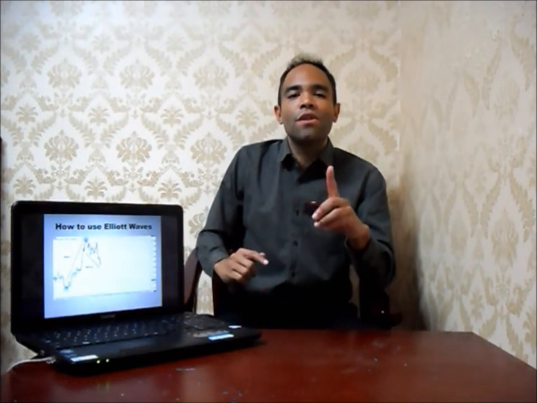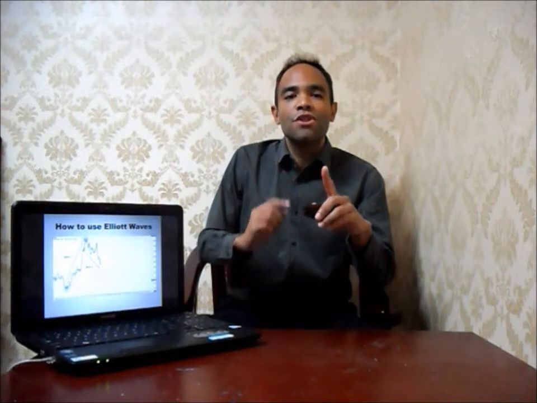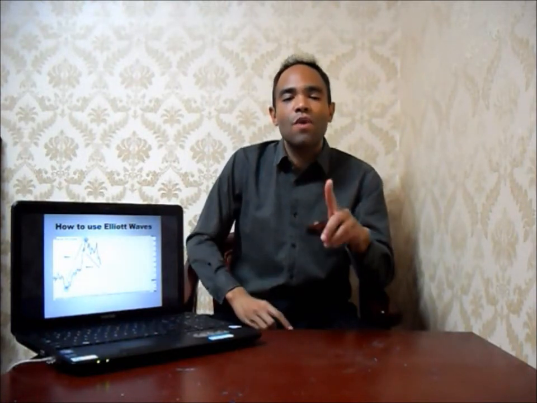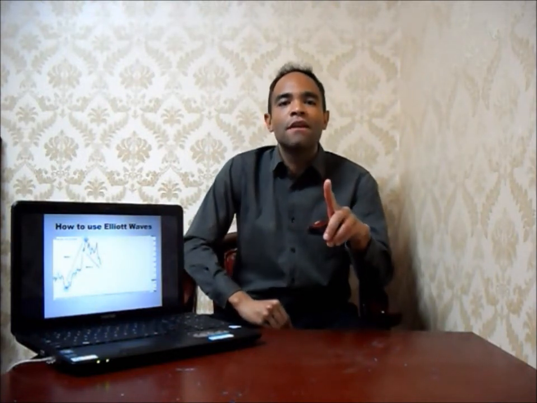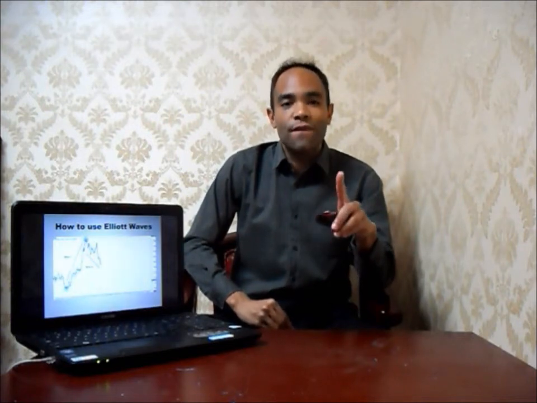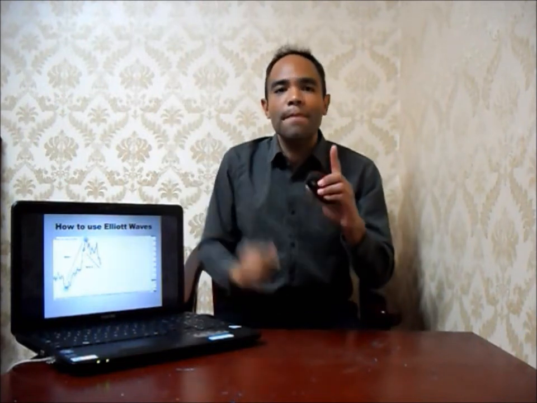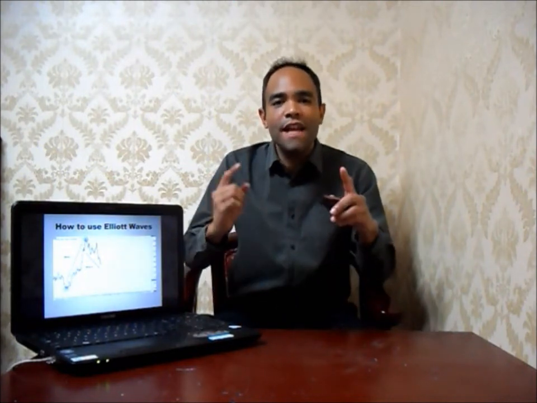And with Elliott waves, we have now learned that there is more than one possibility as to why the market reverses itself when it hits a certain level. So again, we're going back to the Fibonacci retracements, and we're going back to pivot points. So now we should have an understanding as to why markets reverse themselves.